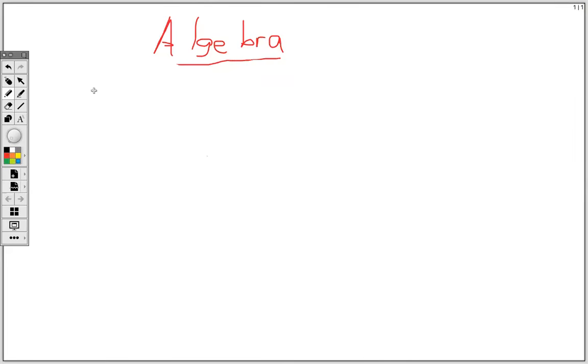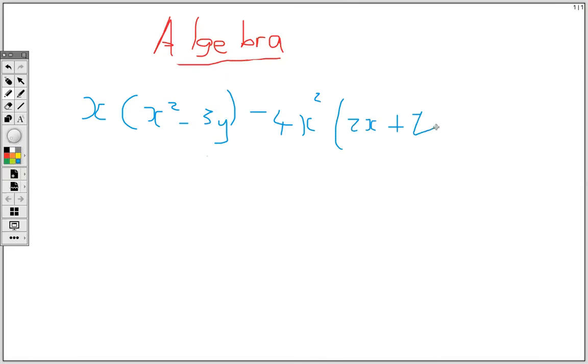Now, here we could have x times x squared minus 3y, minus 4x squared times 2x plus 4y. Again, we're going to expand.